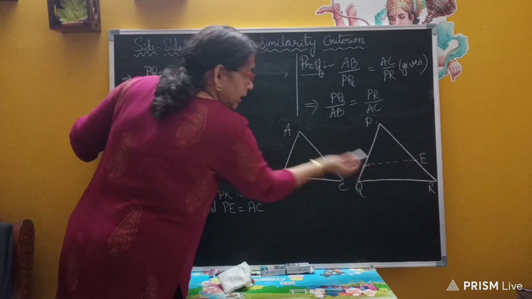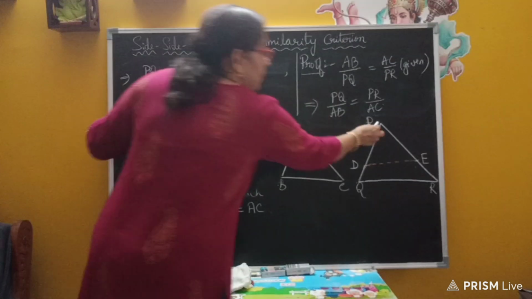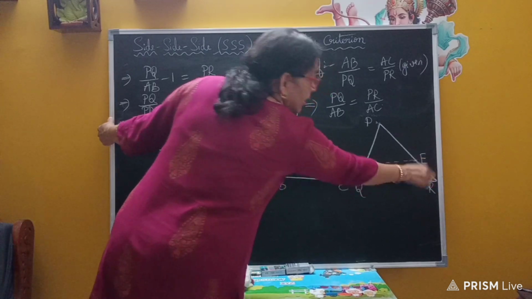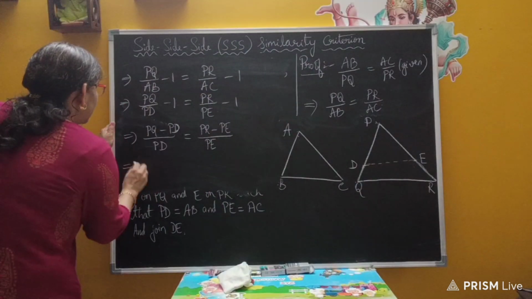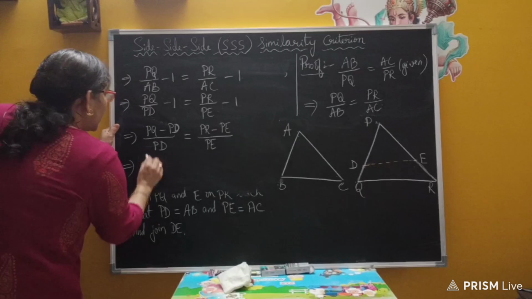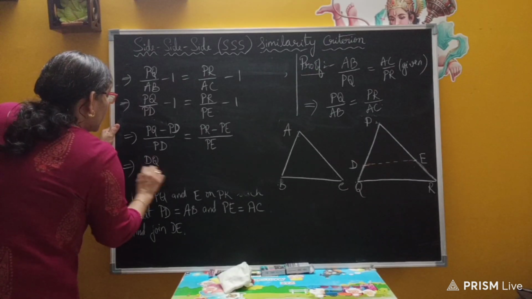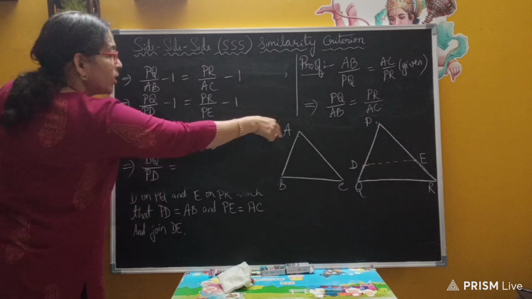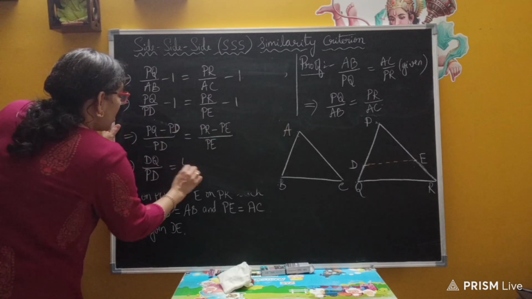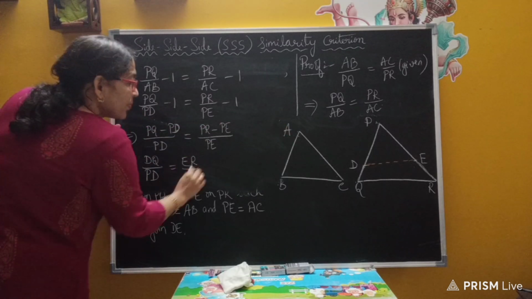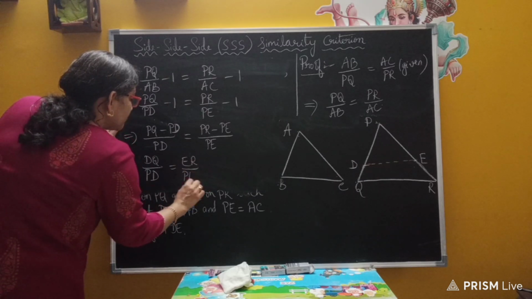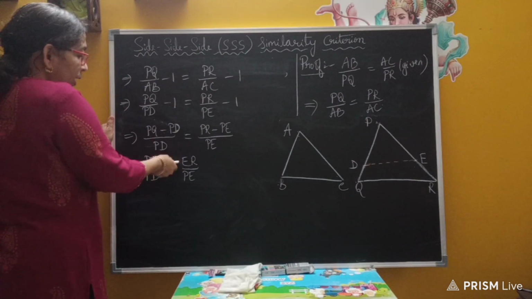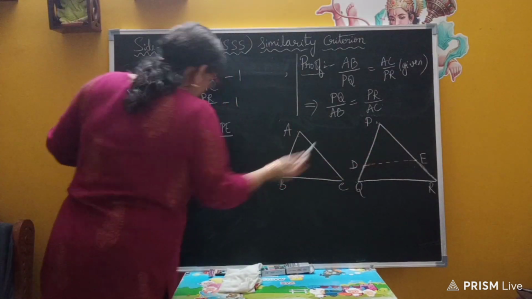This part, DQ. And here PR minus PE, which part do we get? This part, ER. So PQ minus PD is DQ, DQ by PD is equal to PR minus PE, which is ER by PE.